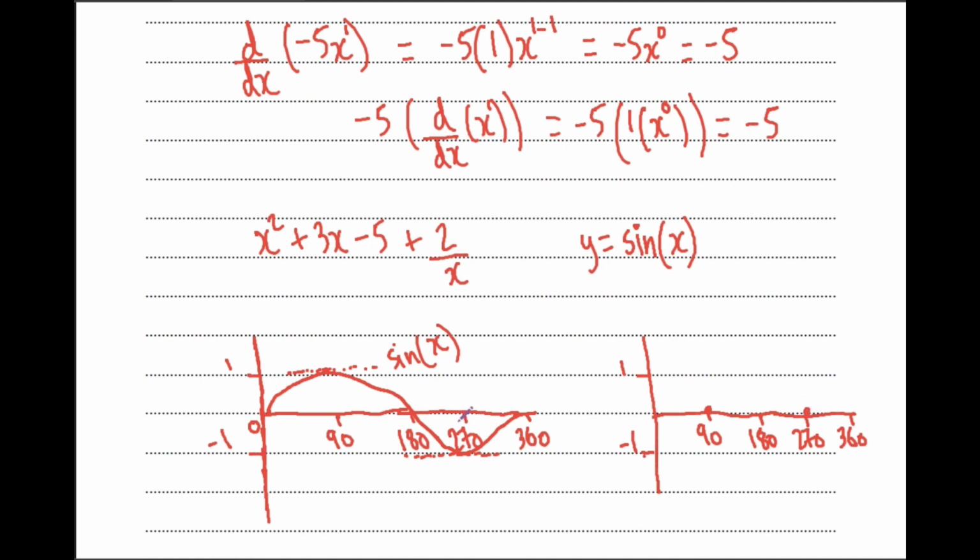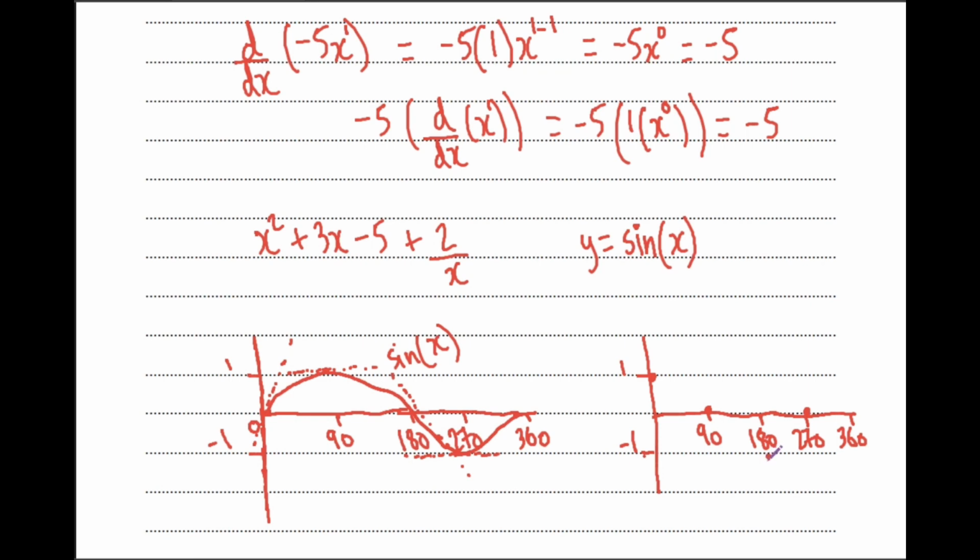Now, if you want, and this is a good exercise for you, you can draw a tangent to the sine graph at 0. So you can draw a tangent like that. And if you calculate the gradient of this tangent, you'll see it's equal to 1. And if you calculate the gradient at 180, let's say you draw a tangent here, and then you calculate that gradient, that would be -1.